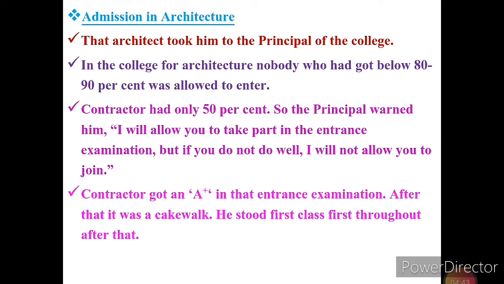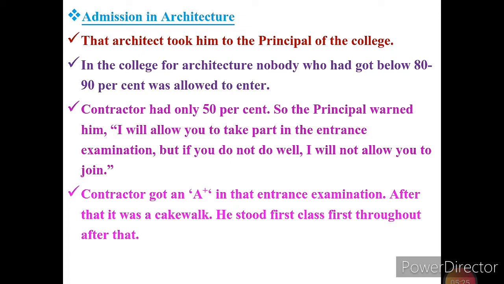Contractor had only 50%, so the principal warned him, "I will allow you to take part in the entrance examination, but if you do not do well, I will not allow you to join." Contractor got an A+ in that entrance examination. After that, it was a cakewalk. He stood first class, first throughout after that.